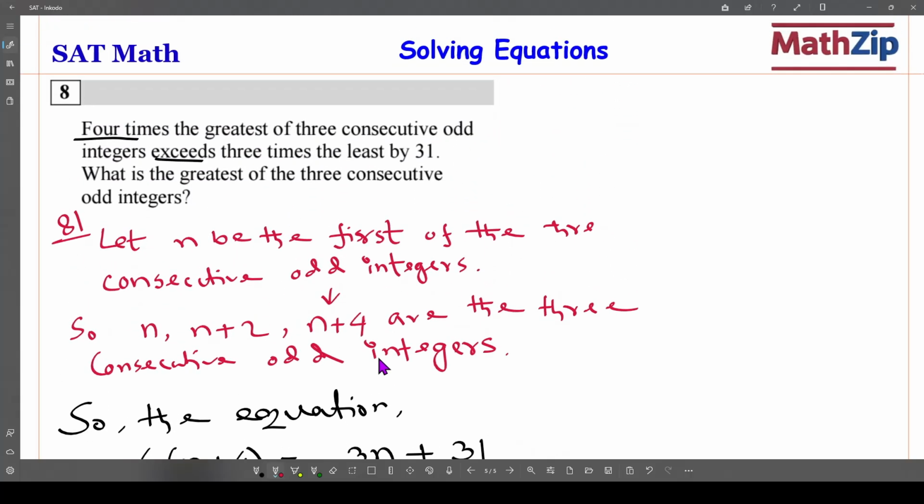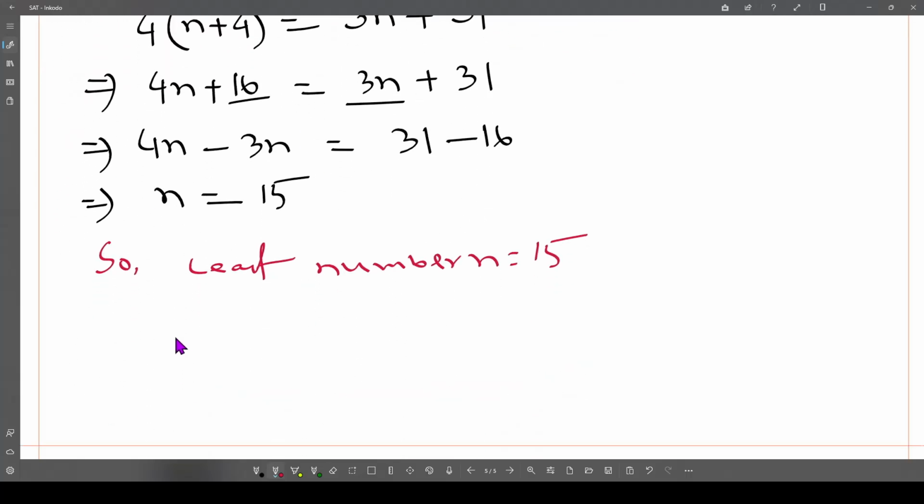And here it mentions what is the greatest of the 3 consecutive odd integers. So the greatest number, we can say integer, right?